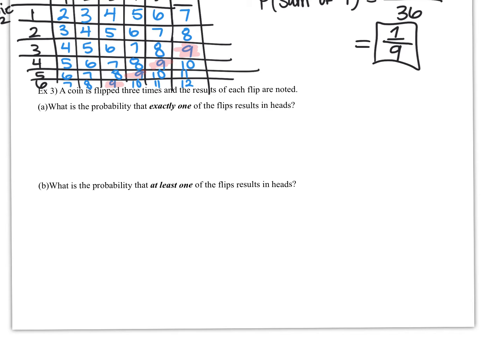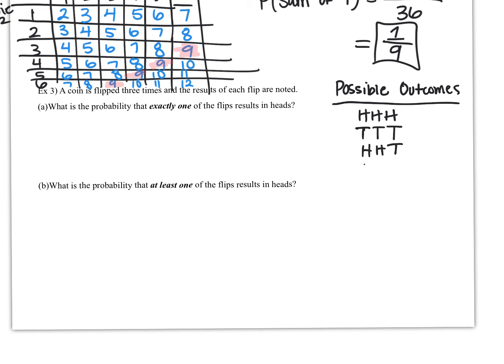It would be good to do first is list all of our possible outcomes. So obviously all 3 coin tosses could come up heads. They could all 3 come up tails. We could get heads, heads, tails, heads, tails, tails.